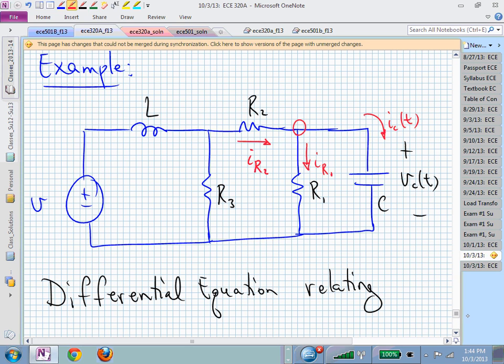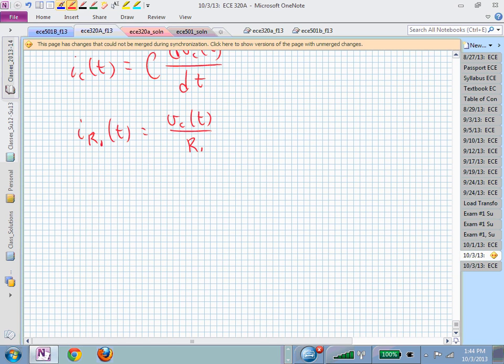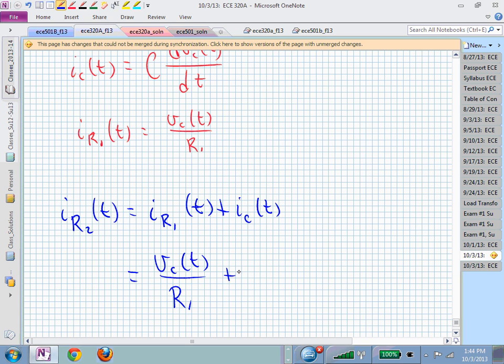And those are in terms of V sub C. So now I know I sub R sub 2 in terms of V sub C. I know that I sub R sub 2 is I sub R sub 1 plus I sub C of t, but that's just V sub C of t over R sub 1 plus C dV sub C dt. And I now know what I sub R sub 2 is in terms of the output voltage.